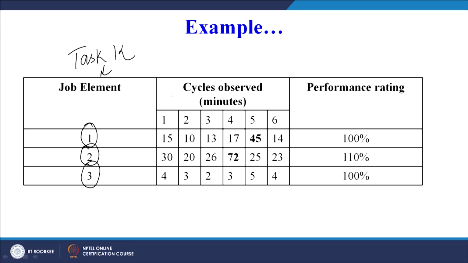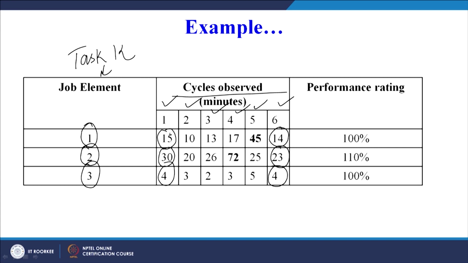So 6 cycles have been observed: 1, 2, 3, 4, 5 and 6, and the data is given. For job element 1, in the first cycle it took 15 minutes, the second element took 30 minutes and the last element took 4 minutes. In the sixth cycle, the first element took 14 minutes, the second element took 23 minutes, the third element took 4 minutes.